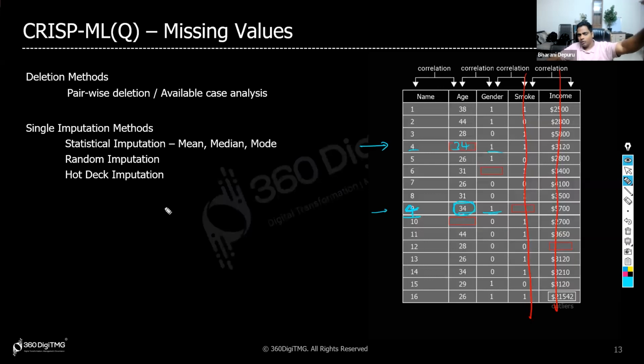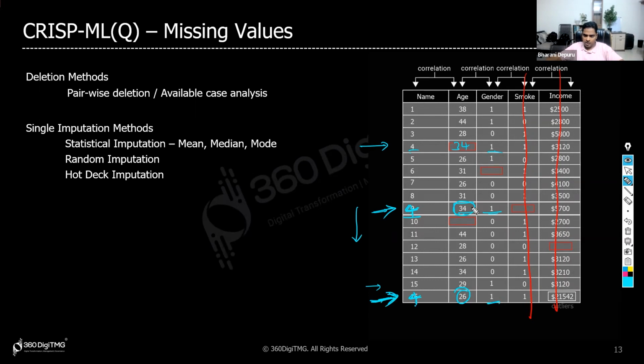Another way of dealing with hot deck imputation is that you traverse the complete data set, and if you say find 4 here as well, 4 and 4, 1 and 1, and then you have, say, 2 matches, 1 here and 1 here.